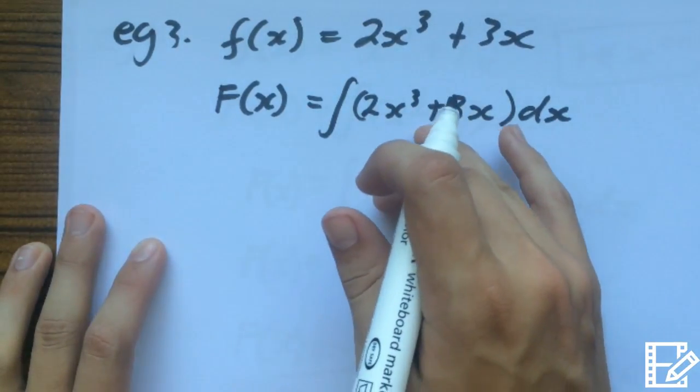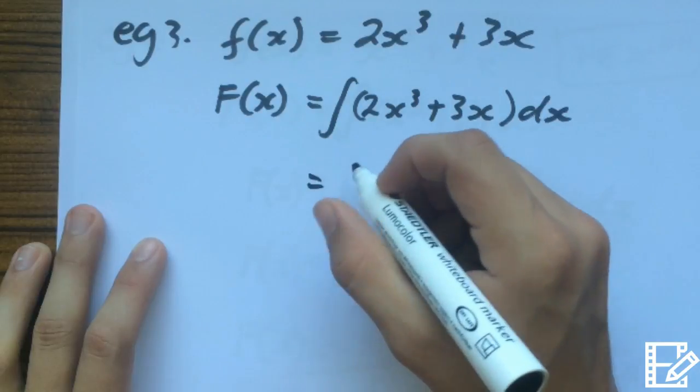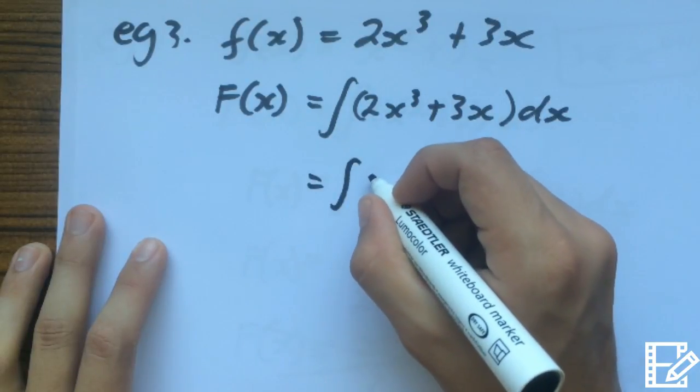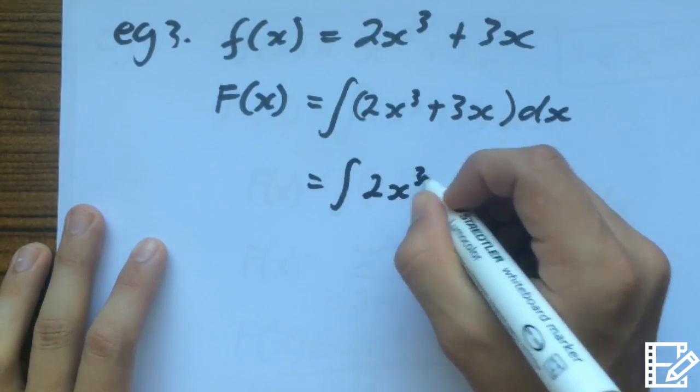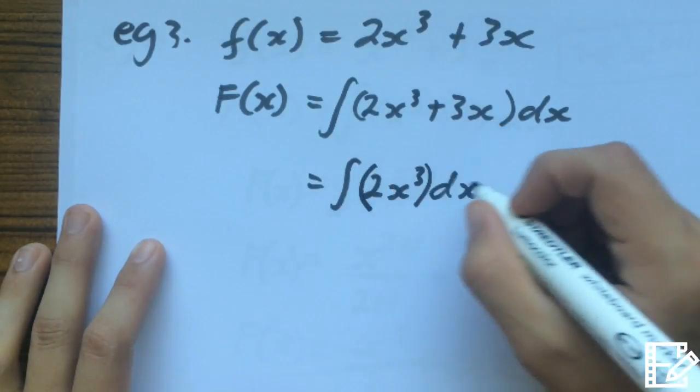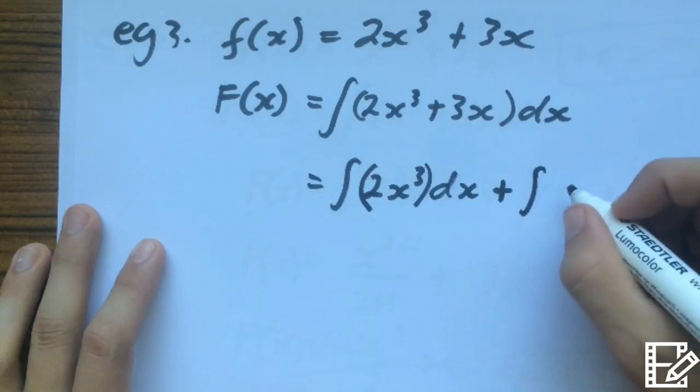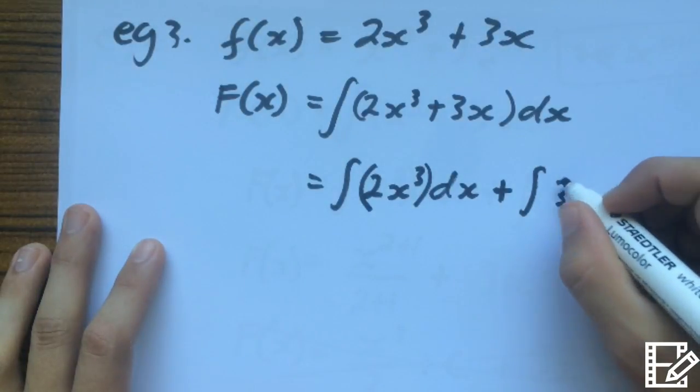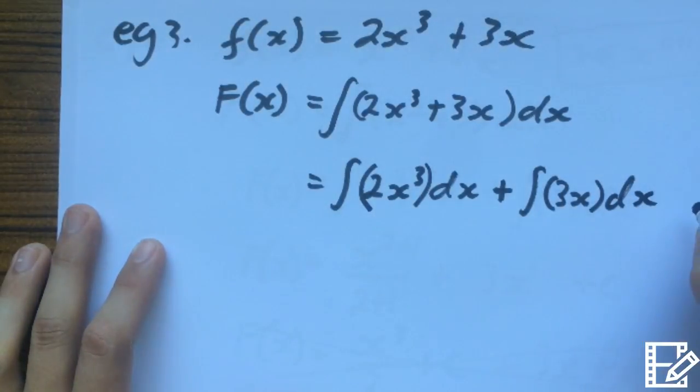We split this up using the plus sign, and we get the integral of 2x to the power of 3 dx plus the integral of 3x dx.